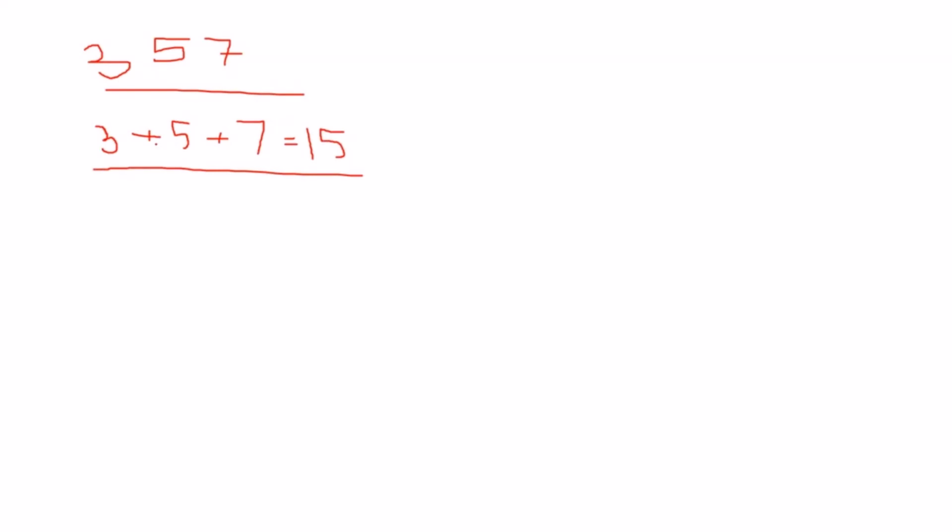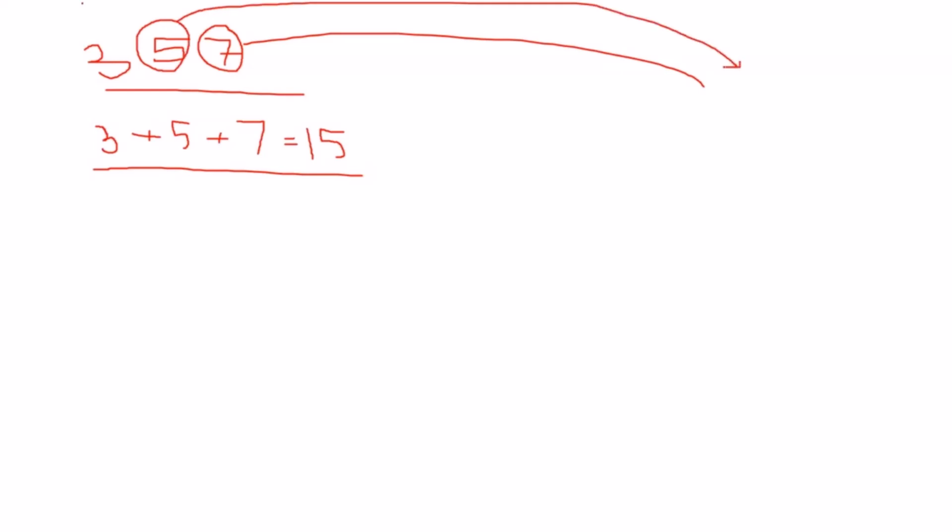We need to isolate. We take the numbers one by one, right or not? For example, I need to take this number first, alone, right? And then take what? This number alone. And then take what? This number alone.